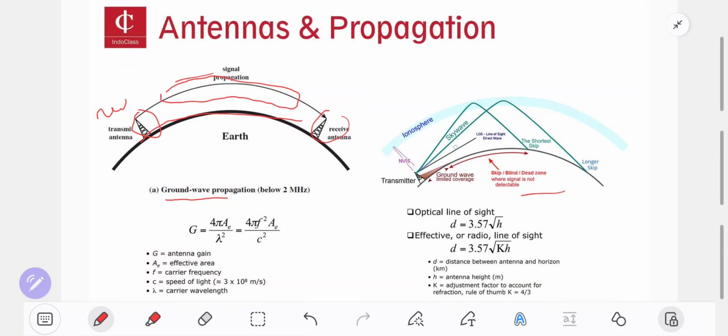If you see this picture, the wave can be reflected by the ionosphere from transmitter to receiver. And for example, short wave or radio communication uses this sky wave propagation.